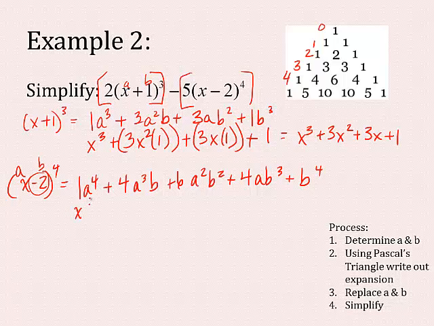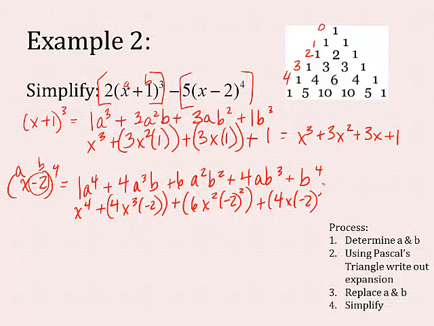So I will have x to the 4th plus 4x to the 3rd times negative 2 plus 6x squared times negative 2 squared plus 4x times negative 2 cubed plus negative 2 to the 4th.